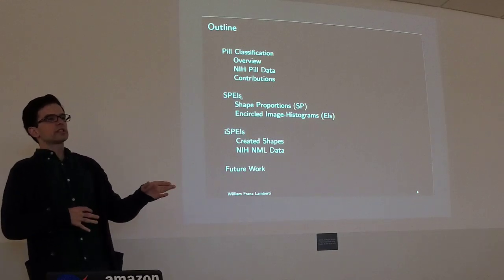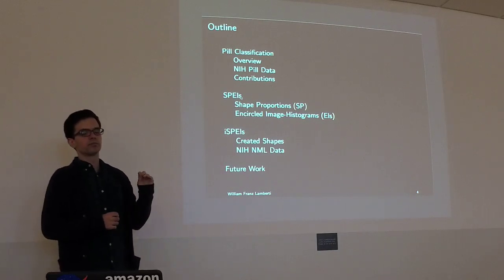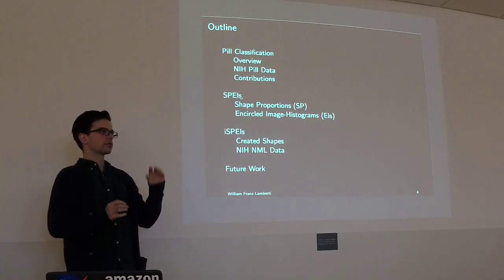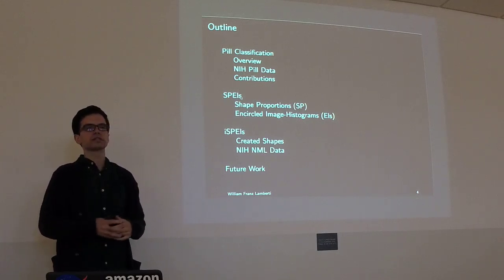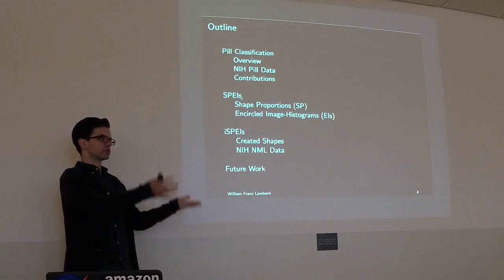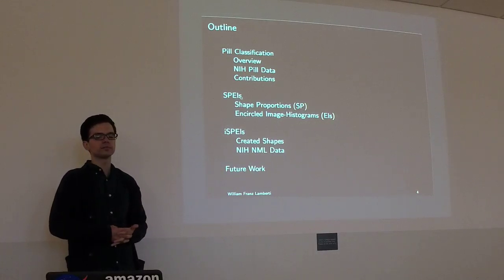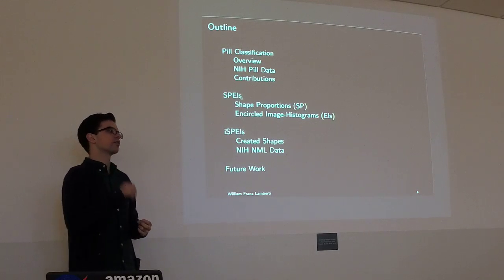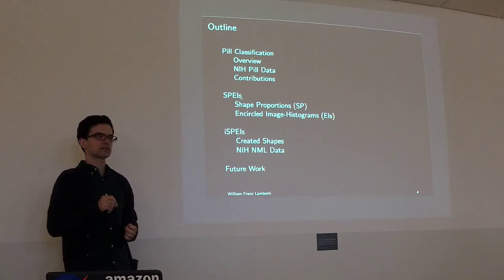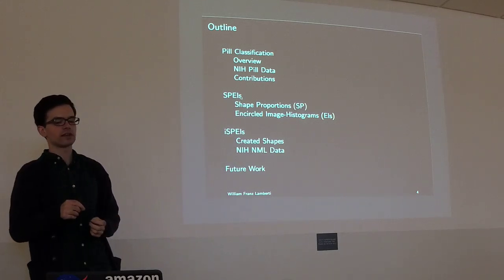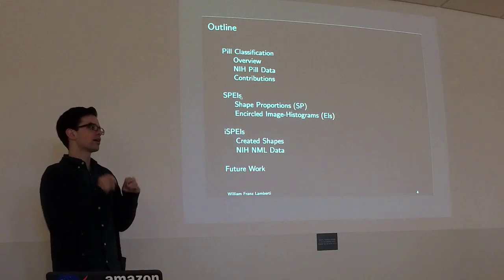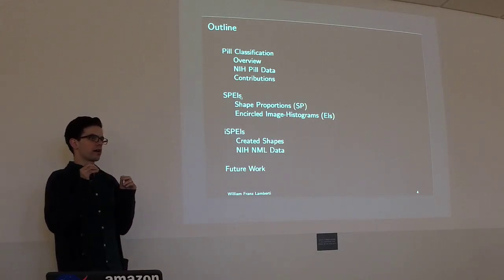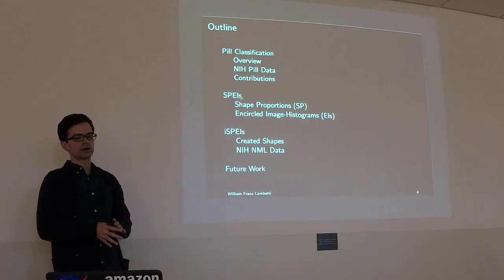So what I'll be talking about today is the problem of pill classification, some overview of what the goal is and what the eventual desired outcome from that community will be. I'll be talking a little bit about the NIH pill database and some of the unique characteristics of that data. And then I'll be talking about the contributions that I plan to outline in this talk.